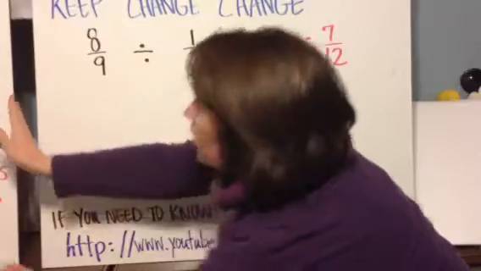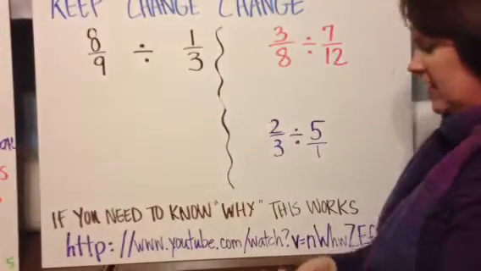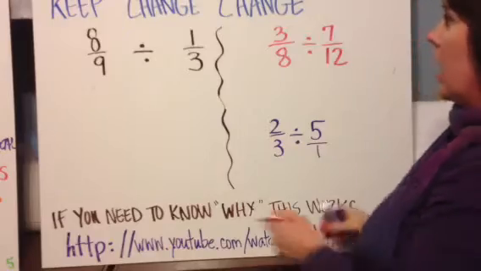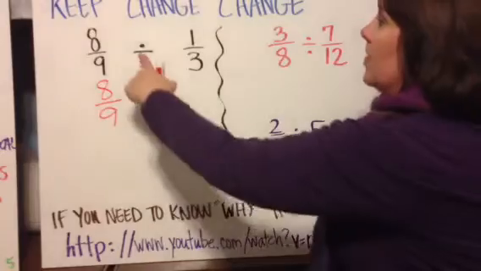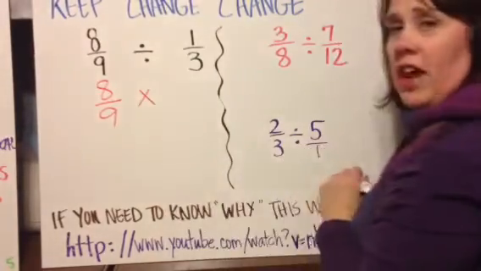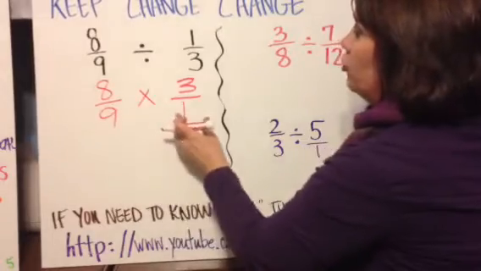Let's practice a few more. Let's just remember it like this. Keep, change, change. It's kind of a rhythmic way to remember. Keep, 8/9 stays 8/9. The division gets changed, and 1/3 gets changed. So I keep, change, change.